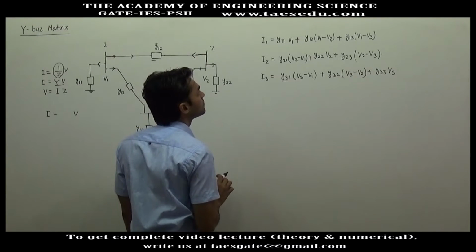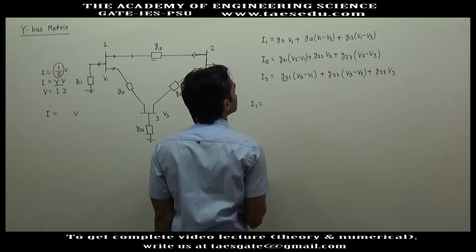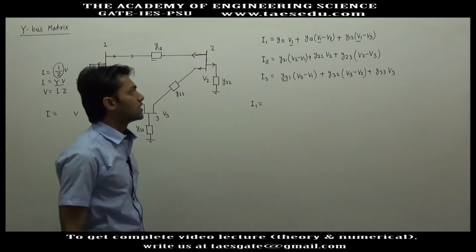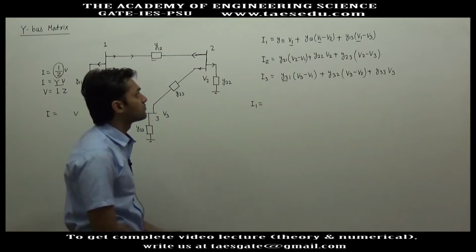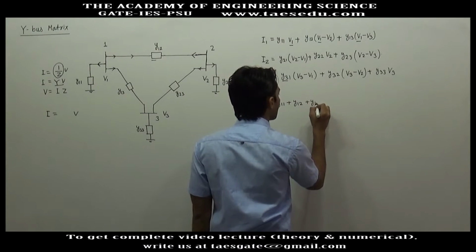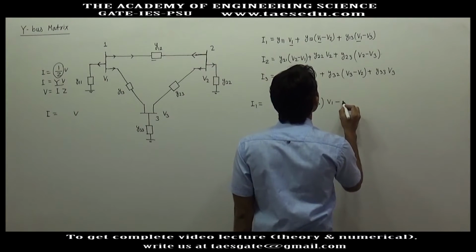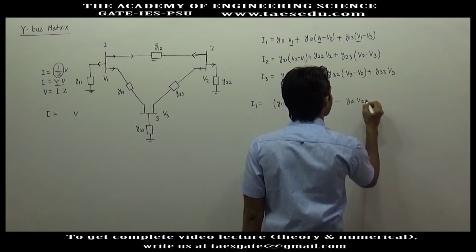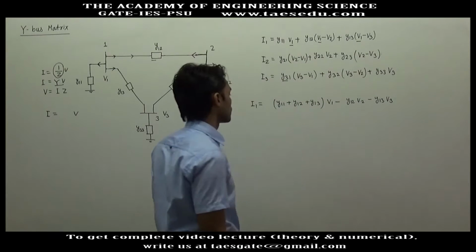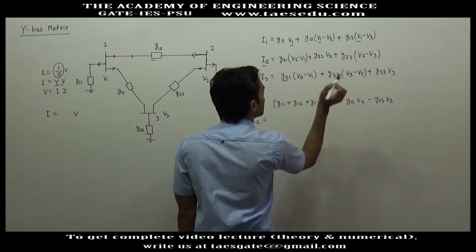Okay, now we will write I1. What is the dependence on V1? Here you have V1, V1, V1. So take all the terms involving V1 together. This will be Y11 plus Y12 plus Y13 into V1, minus Y12 into V2, minus Y13 into V3. Similarly, I2: first write the dependence on V1.